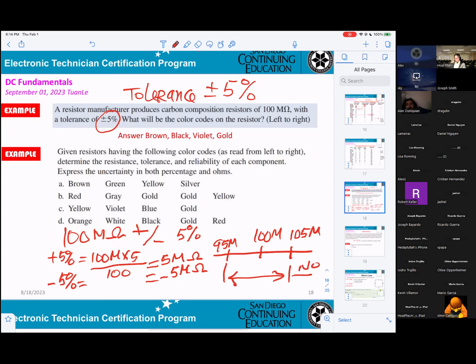Outside, no. That means if you get 101 mega ohm, is it okay or no? Yep, good, because it is less than 105 and higher than 95. So basically we're talking about tolerance.